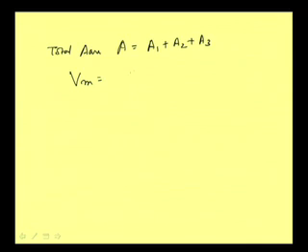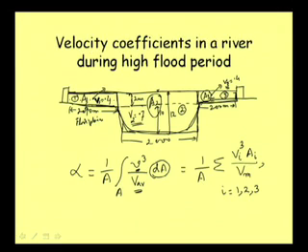What is our total area? Total area we know very well, it is not a problem. Say total area A is equal to A1 plus A2 plus A3. And then what is our mean velocity? If we go back to this slide, what is the discharge flowing through section 1?